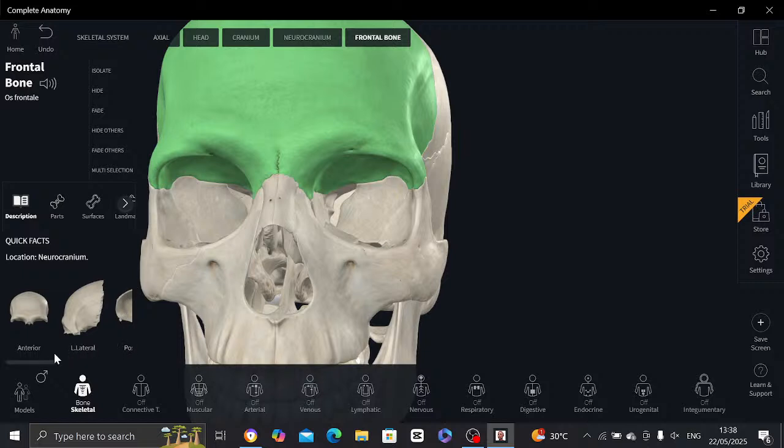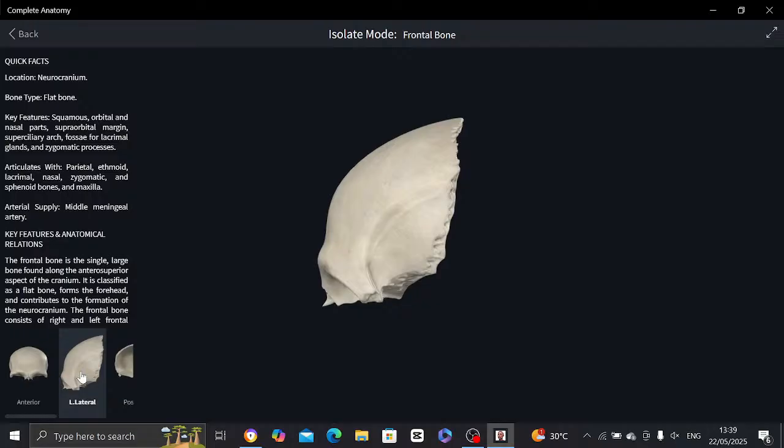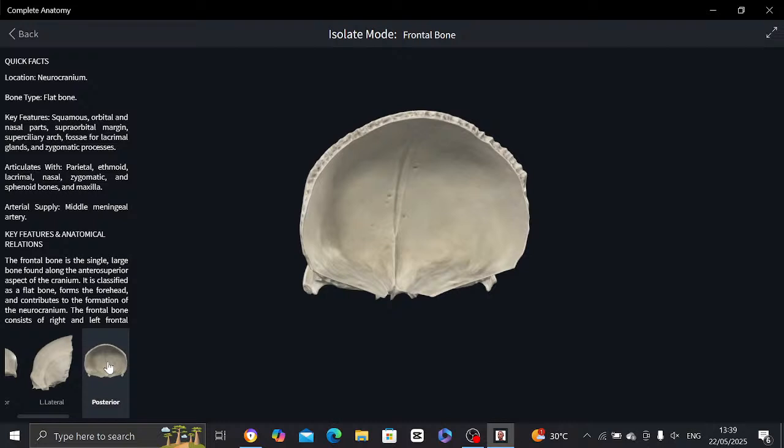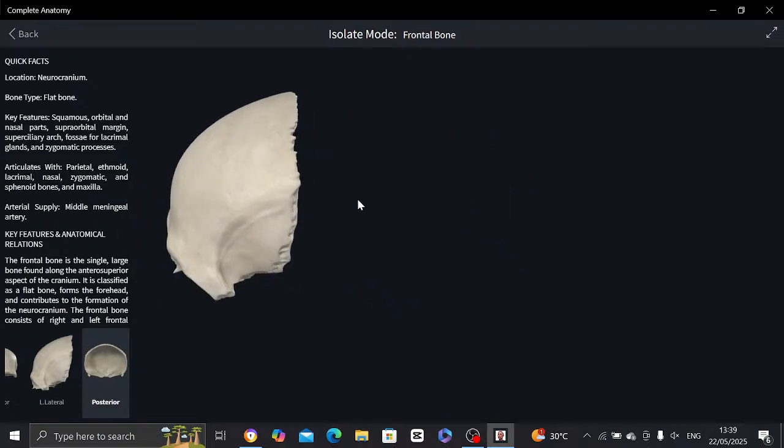If we go through the description, from the anterior view, we can see the forehead of anybody we are looking at; we are looking directly at the anterior aspect of the frontal bone. This is the lateral view, or the side view, of the same frontal bone. It articulates with the parietal bone here.